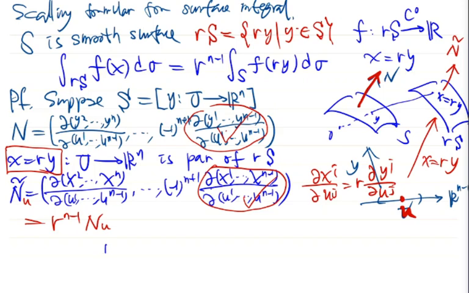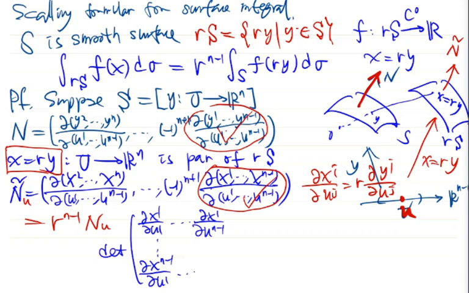That is the determinant of the matrix with entries dx1/du1 up to dx1/du(n-1), down to dx(n-1)/du1 up to dx(n-1)/du(n-1). This is the determinant here.